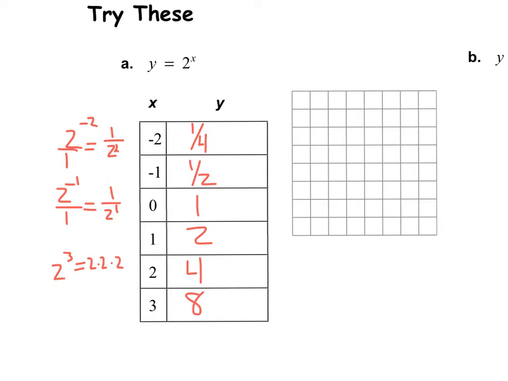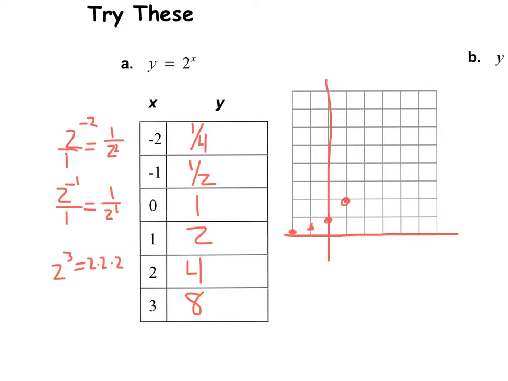Alright, so let's go ahead and make our graph where we need it. Let's see our x values. We need to start there, and then we're not going to go below the axis. So, alright, left 2 come up 1/4. Left 1 up 1/2. Over 0 up 1. Over 1 up 2.